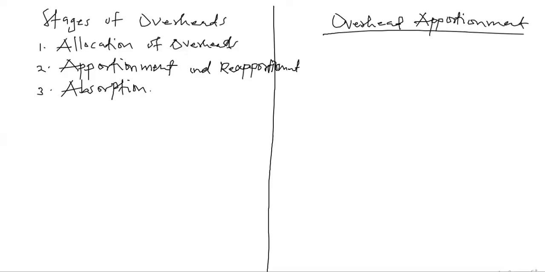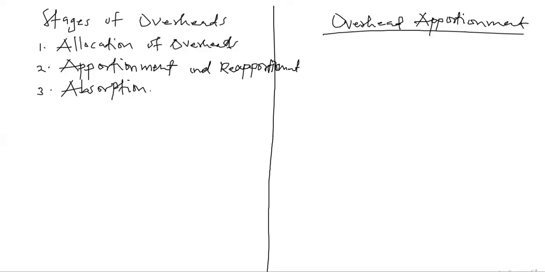Overall apportionment. So as I said, apportionment is used where overhead costs cannot be allocated to a particular cost center. Apportionment involves spreading indirect expenses to two or more cost centers or departments using the appropriate basis.